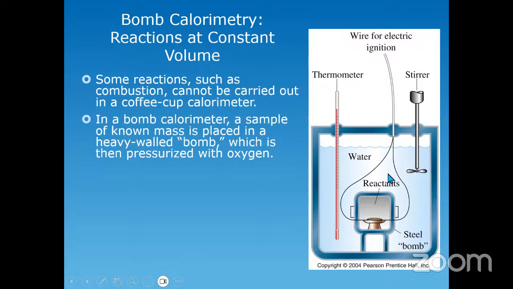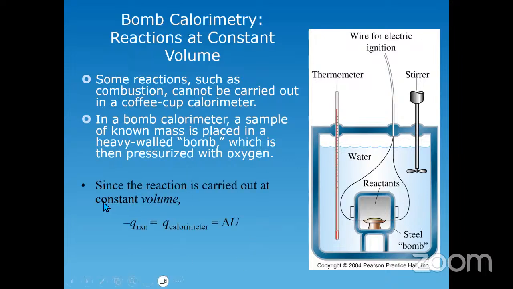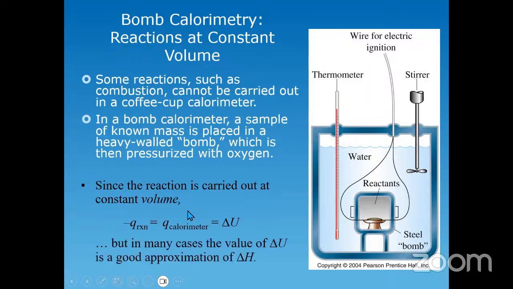Of course, the role of the stirrer is to make sure that the heat is evenly distributed in the water, so the correct value can be recorded on the temperature right here. And that's basically the setup for the bomb calorimeter. As you can see, it's a bit of a modification from the simple calorimeter, which I introduced to you earlier. Important for you to notice is that this reaction is carried out at constant volume.